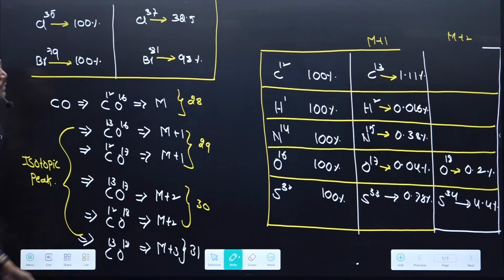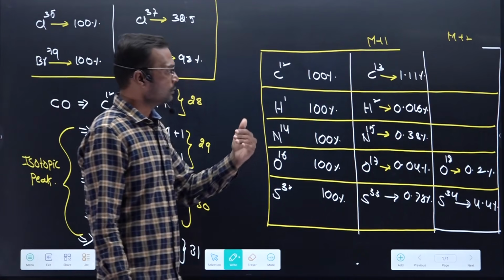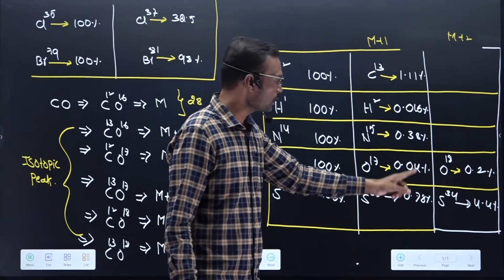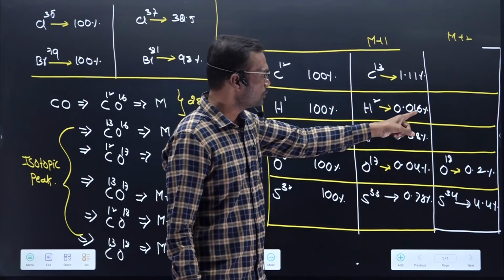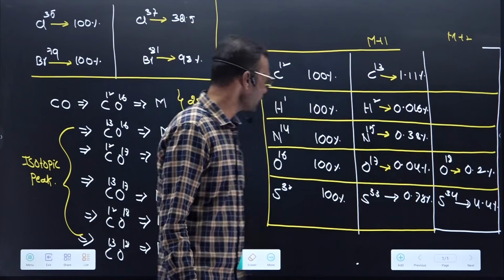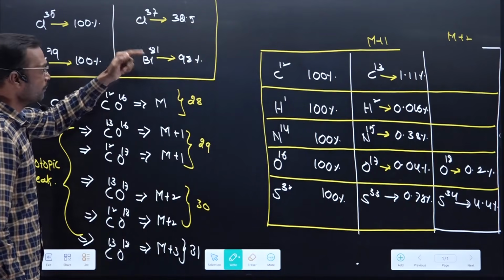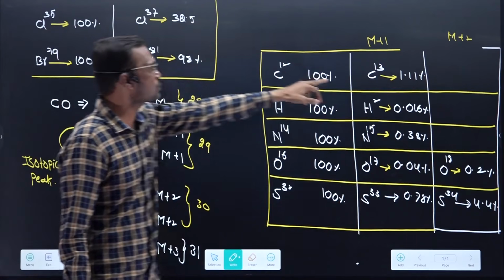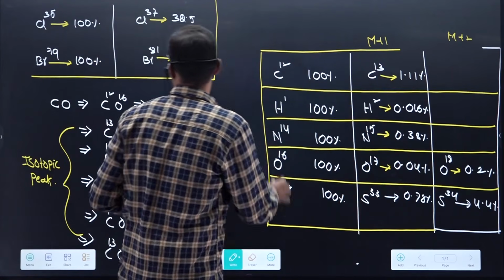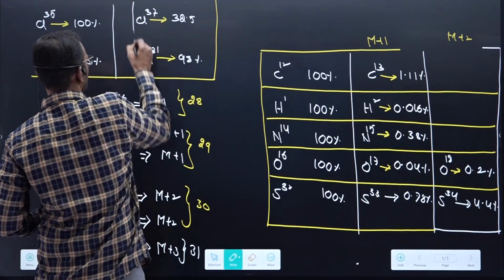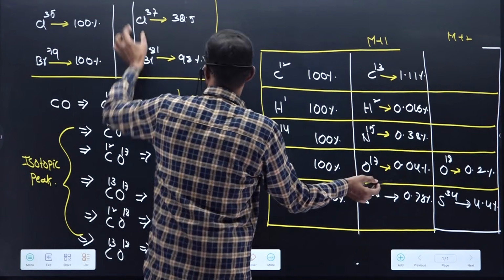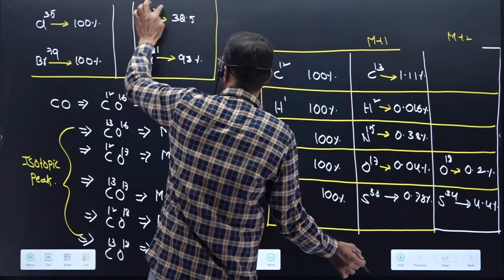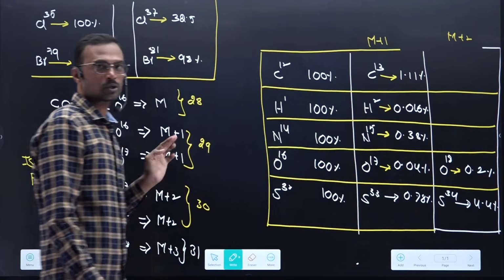That's why we can guess the number of carbons in a given molecule if this other contribution is neglected. If I neglect the M plus 1 contribution clearly, then this is M plus 2. Remember, don't write in this column; leave one column empty like this. On this side we write this one because it is the M plus 1 peak, and this is M plus 2. Chlorine and bromine give M plus 2 only.